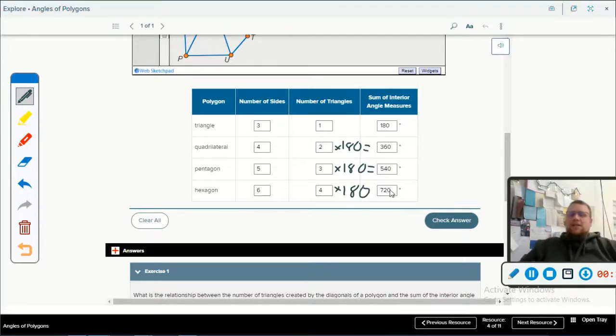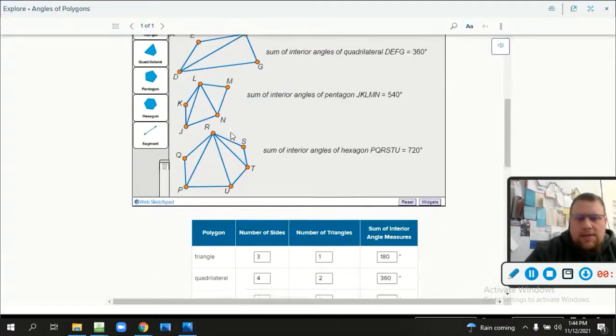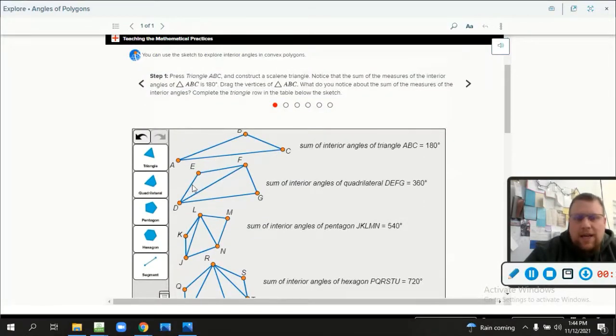And that makes sense because, remember, if it's made up of 1 triangle, the sum of the angles of a triangle is 180 degrees. If it's made up of 2 triangles, each adds to 180 degrees, so 180 plus 180 would be 360. If it's made up of 3 triangles, each adding 180, we'd multiply times 3, and so on and so forth. The reason we were separating each of these shapes into triangles is that we can see where that angle measure is coming from.